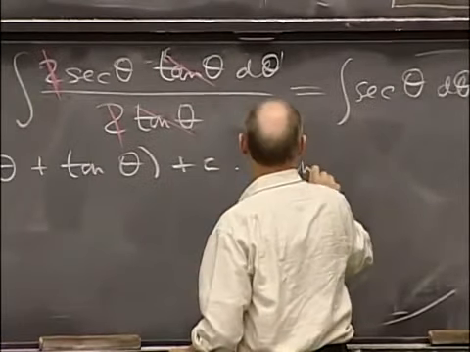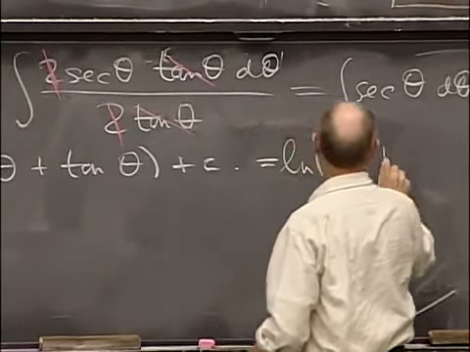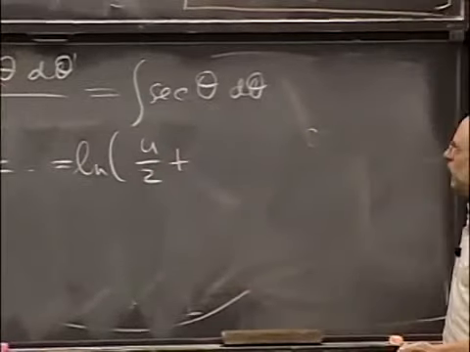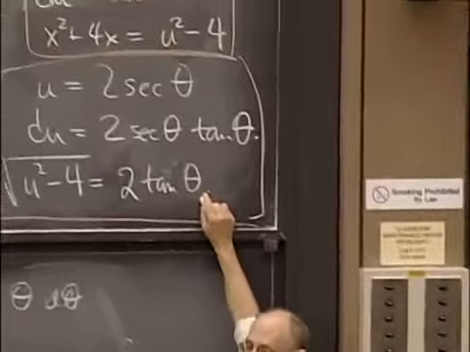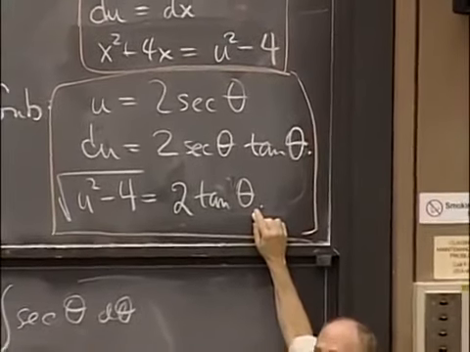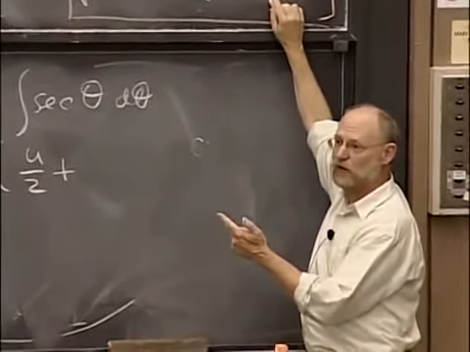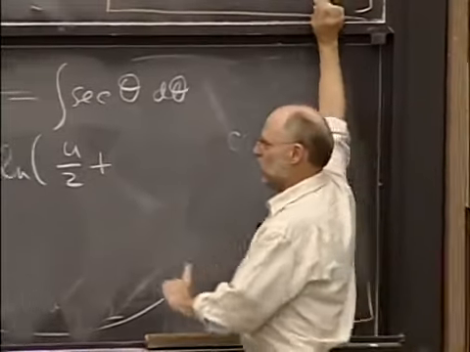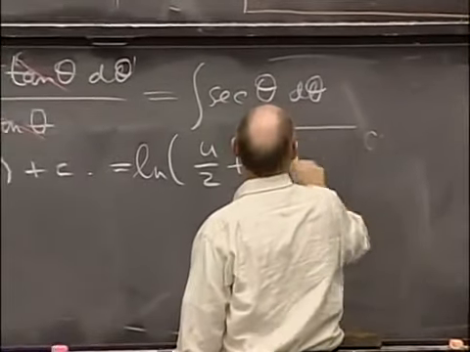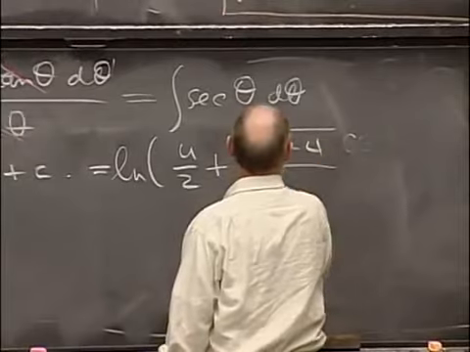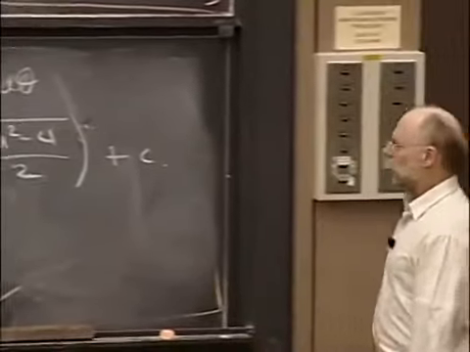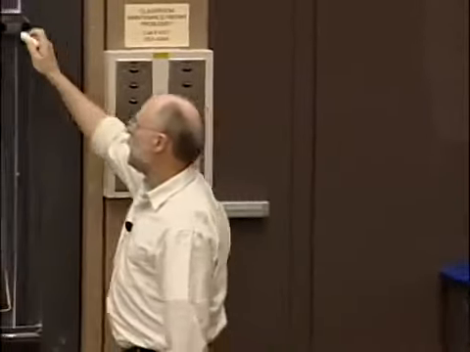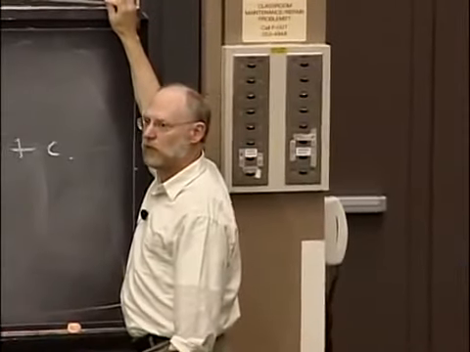So I get the natural logarithm of u over 2. Do I know what the tangent is in terms of u? Well, I do. It's here. So I lucked out in this case, and I don't have to use that triangle trick. So the tangent of theta is the square root of u squared minus 4 over 2. Good. So I've undone this trig substitution.